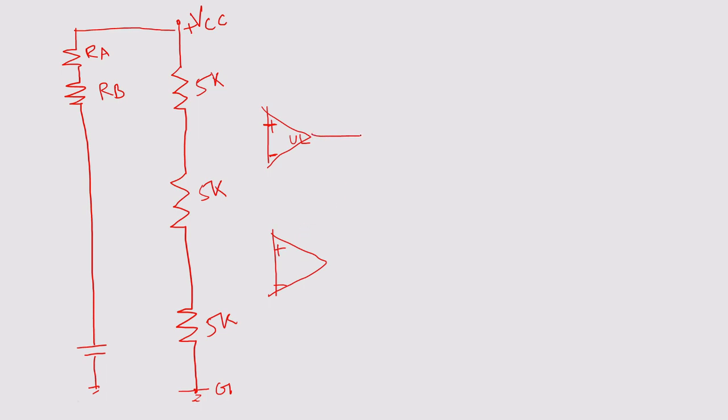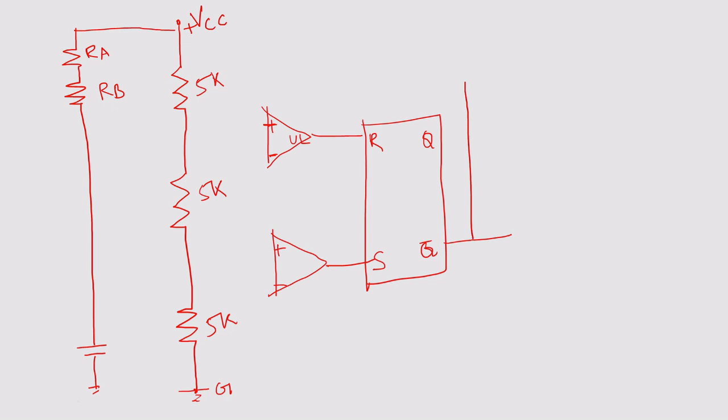So the comparator terminals are connected to the flip-flop. This is R, S, Q, Q bar. From here you take one branch, a second branch, and a third branch.